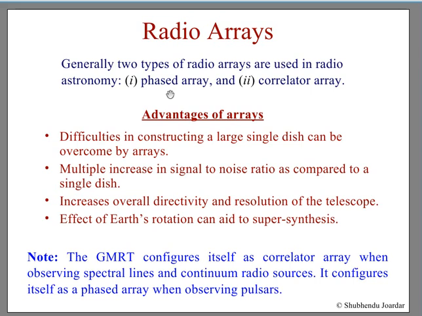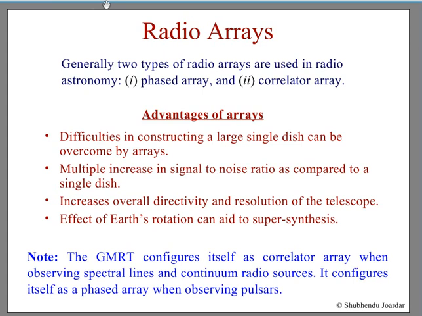You may have to make a dish of say 1 kilometer diameter, which may not be possible. Because of that, people were thinking how to overcome this, and some ideas came out with additive arrays, or they are called the phased arrays.